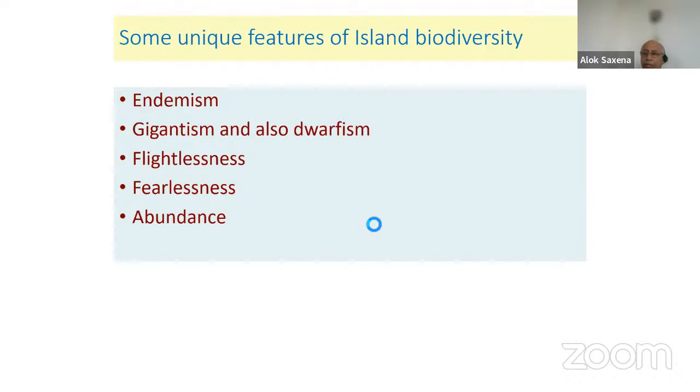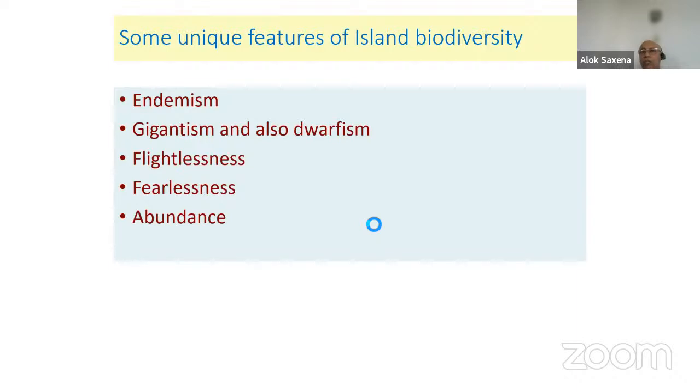He found reptiles also which were very giant in size. The explanation for this, though sometimes debatable, is that there are a lot of food resources available, and the animal feeds a lot on that, and slowly they started growing in size.